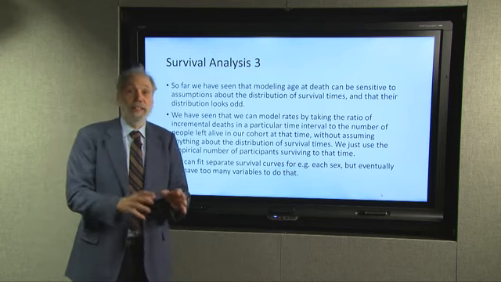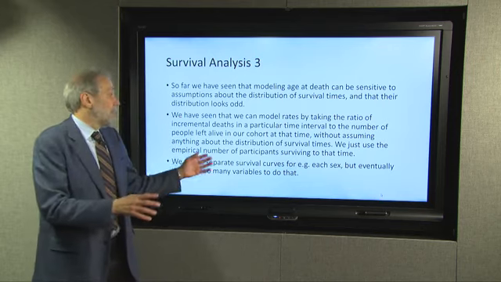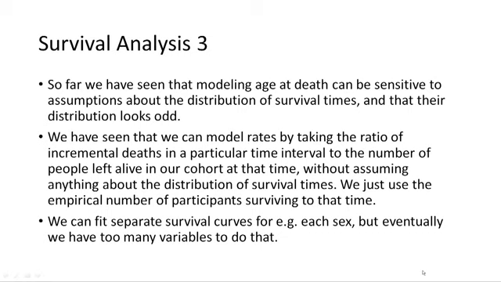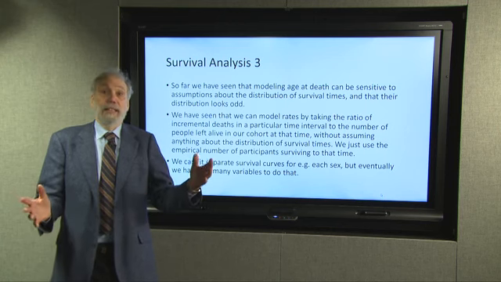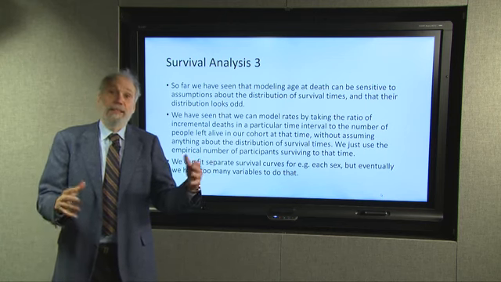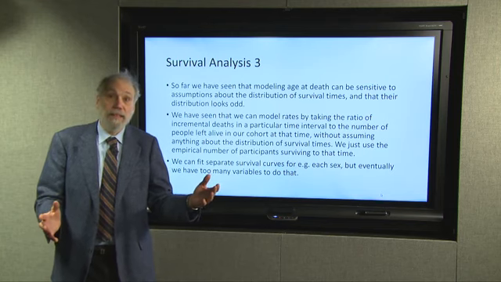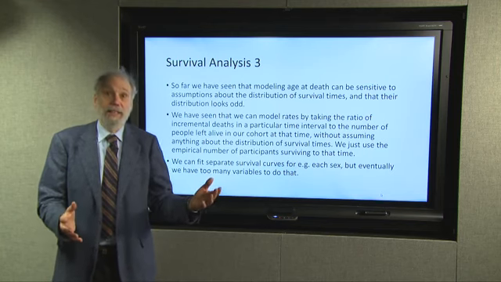Now, we also went through and saw that we could fit survival curves, which is what fraction of the population is still alive at any time, again, without making an assumption about what that distribution ought to look like, because we can do it non-parametrically.